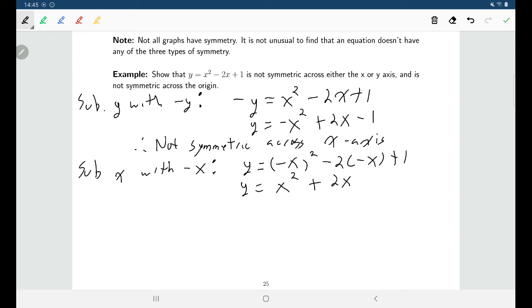The original was y equals x squared minus 2x plus 1. And when we substitute x with negative x, we get y equals x squared plus 2x plus 1. So not the same thing as the original equation, which means it's not symmetric across the y-axis.